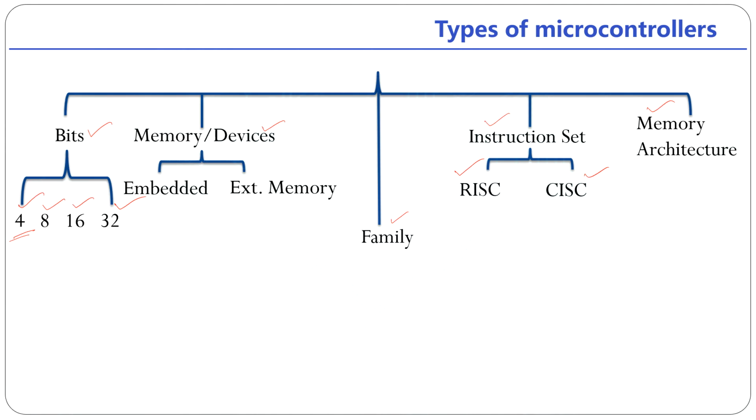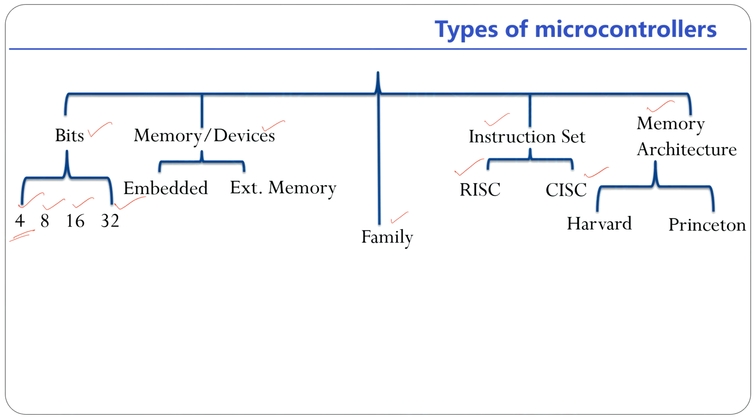RISC is the reduced instruction set computer. CISC is the complex instruction set computer. And in the case of memory architecture, they are classified into Harvard and Princeton architecture microcontrollers. The Harvard architecture is also known as von Neumann architecture.